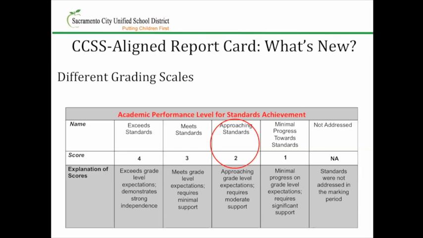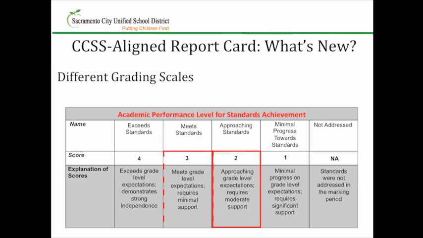This indicates normal progress. Note that a 4 means that the student is consistently working above the grade level standards, or is working in the next grade level standards, and is doing so with independence, which means that he or she does not require a great deal of support. A score of 3 means that the student is meeting the grade level expectations consistently and requires minimal support.